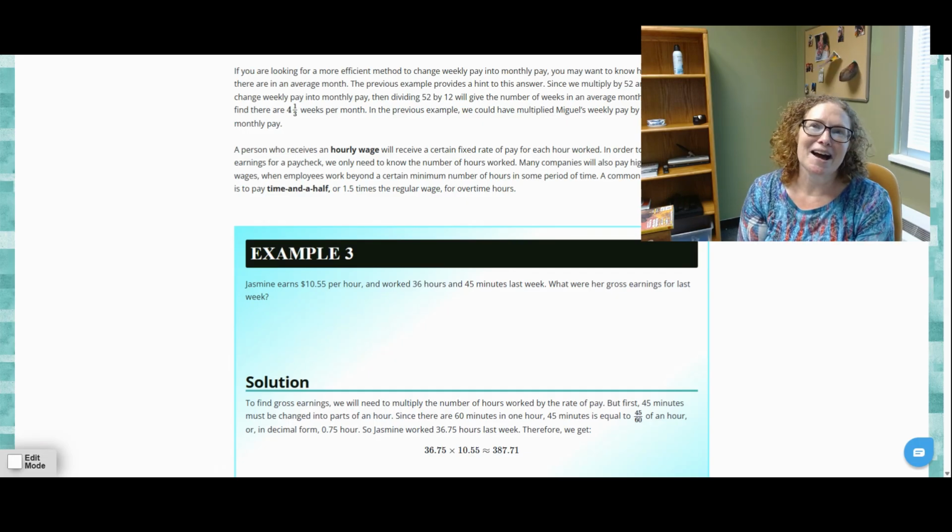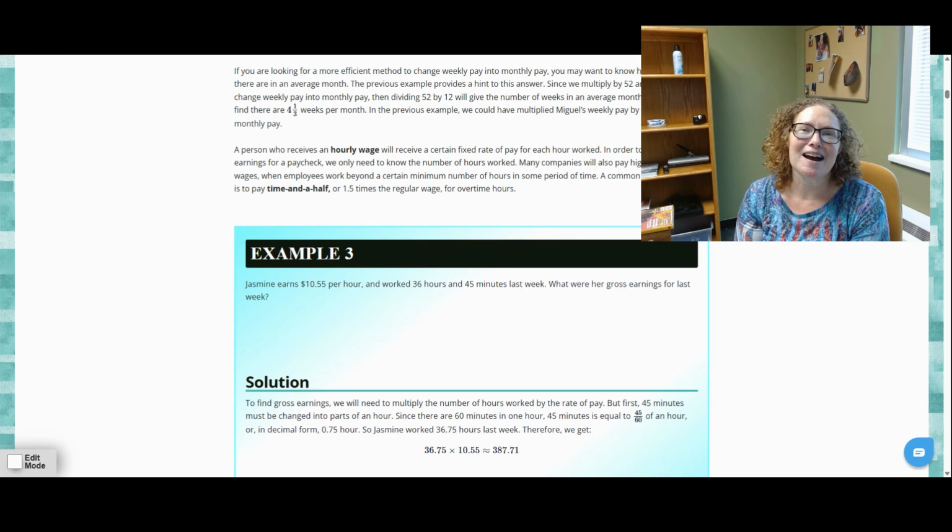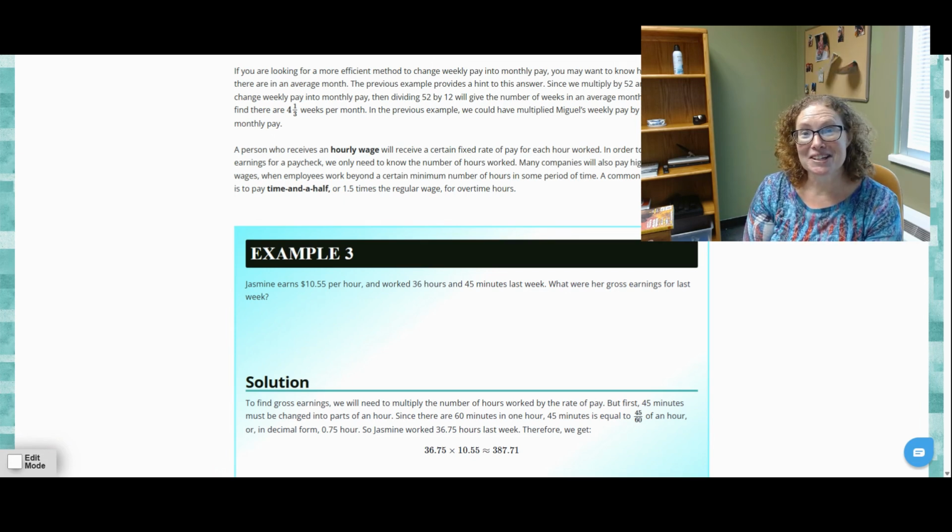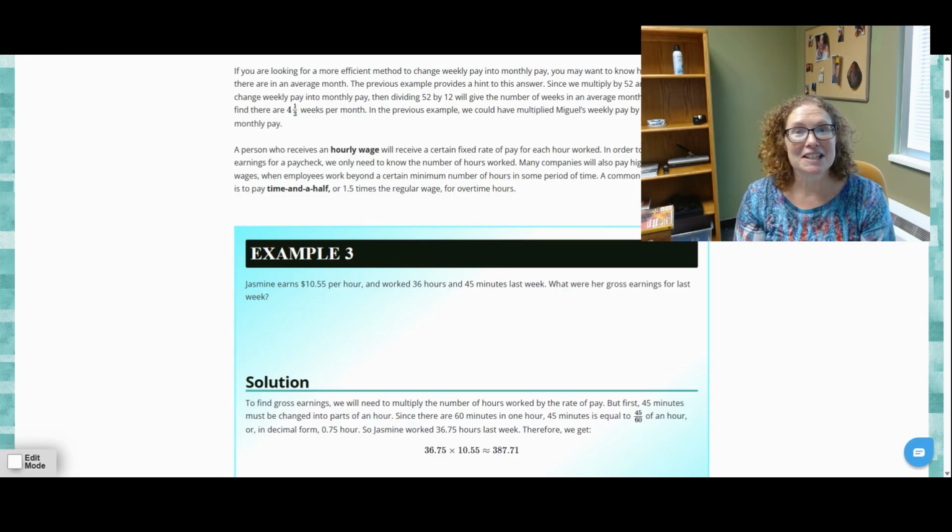So they might have like a night shift that has 2 times the regular wage. So then that's a different one. So just little things to keep in mind. Maybe that would be for manufacturing, possibly.